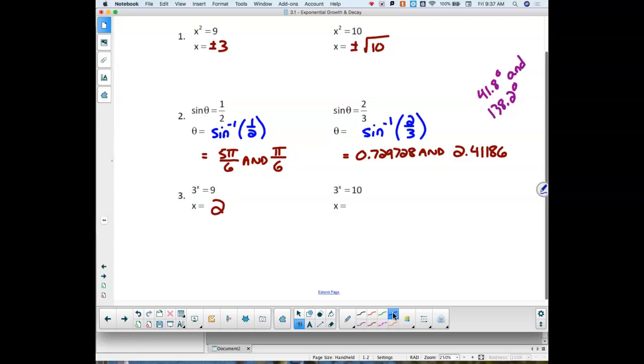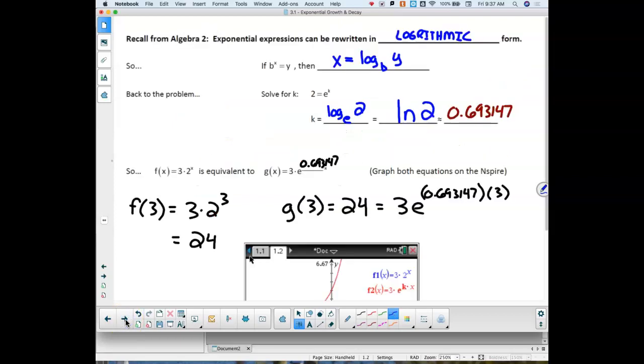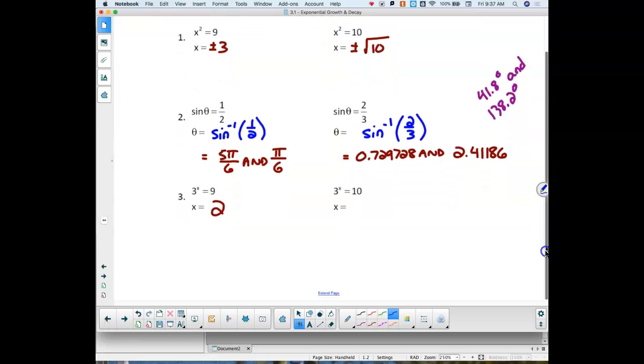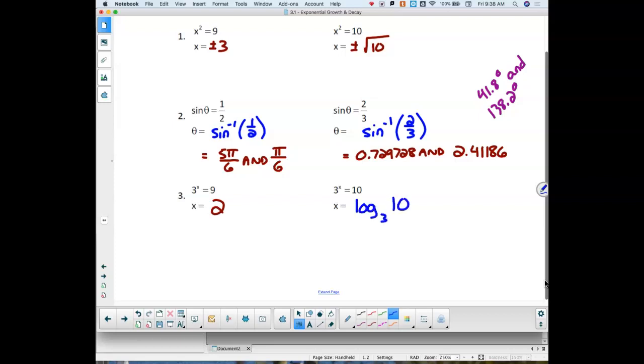Log of 10 over log of 3? That doesn't follow that you got 2 logs in a 1 log problem. Log base what? Log base 3 of 10. Okay? So that's what it would be equal to.